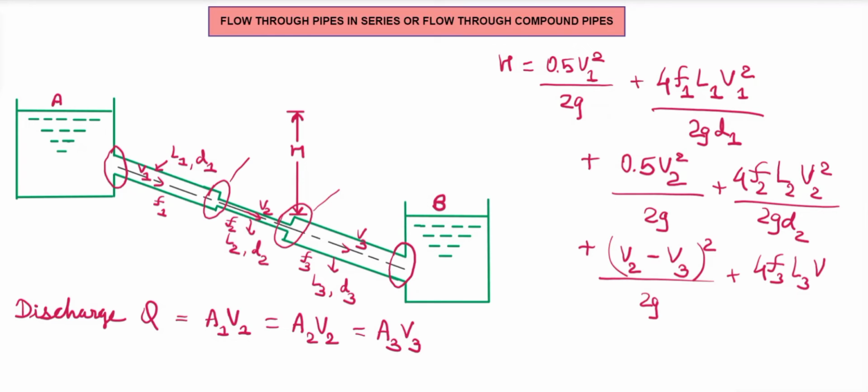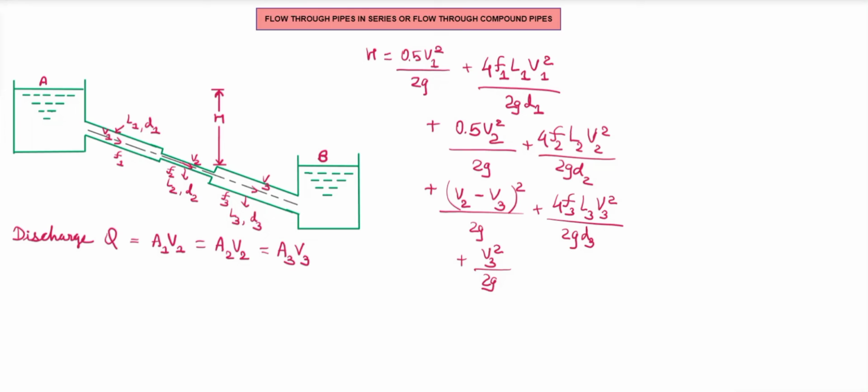For the third pipeline, it will be 4 F3 L3 V3 square upon 2G D3. And finally, we'll consider the exit loss, which is given by V square by 2G. Here it will be V3 square by 2G. This way you can write the equation for the head loss.